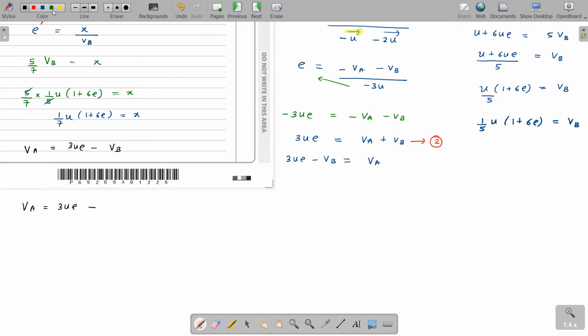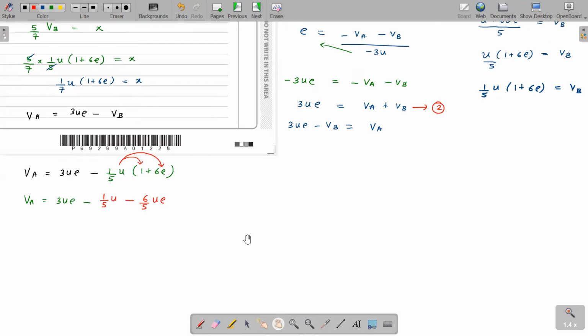Velocity B was 1/5 U times 1 plus 6E. Input the value. Minus 1/5 U into 1 is minus 1/5 U. Minus 1/5 U into 6E is minus 6/5 UE.